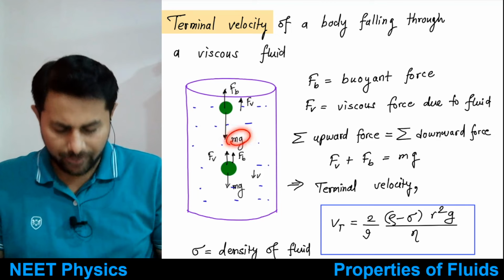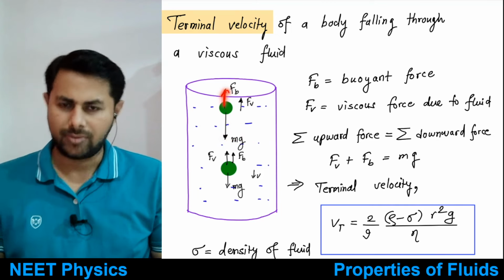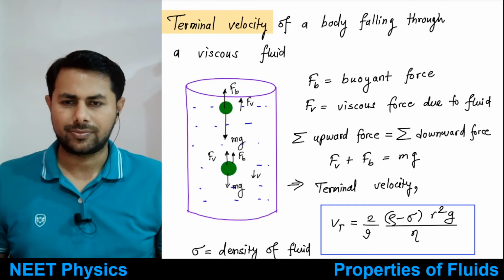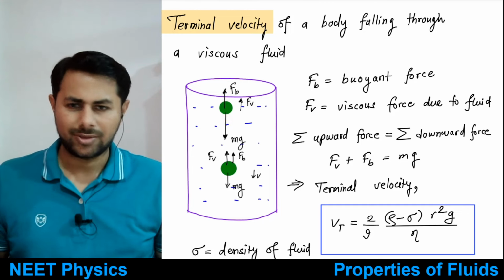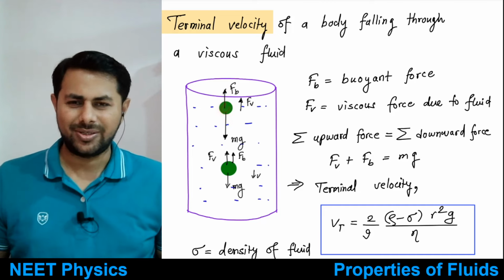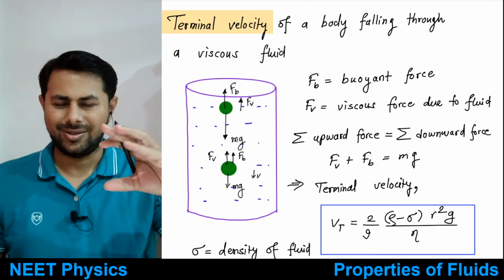If the gravitational force is more than the buoyant force, then it will begin to move. If it is an object which floats in that fluid, then it won't have any terminal velocity, it will stop there only, right?